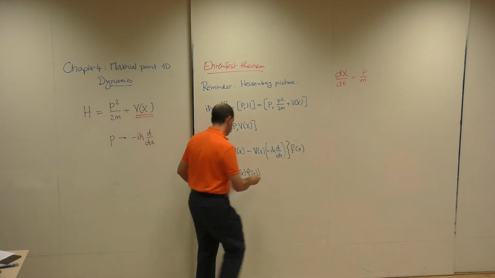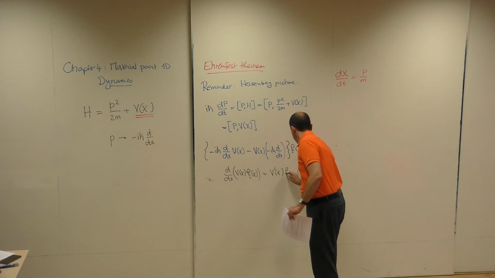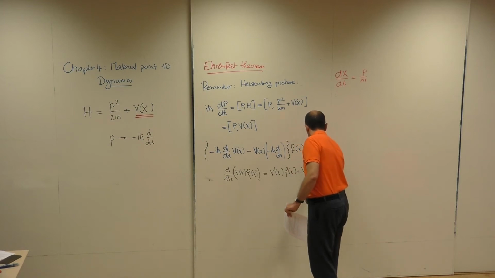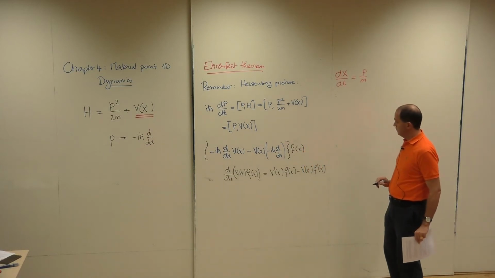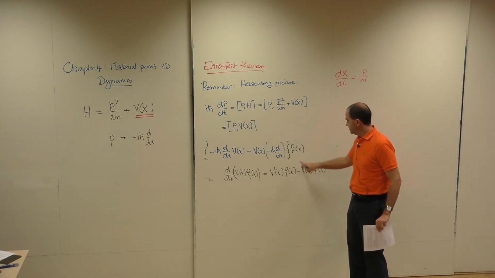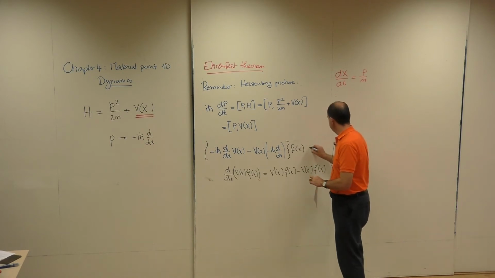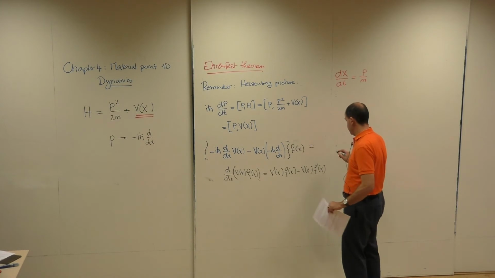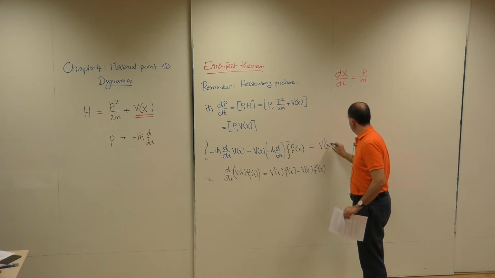What is this? Well, this is obviously V prime of x f of x plus V of x f prime of x. And this is V of x f prime of x. So these two terms will cancel. You can do it quickly, and you will find that this is equal to V prime of x, f of x.